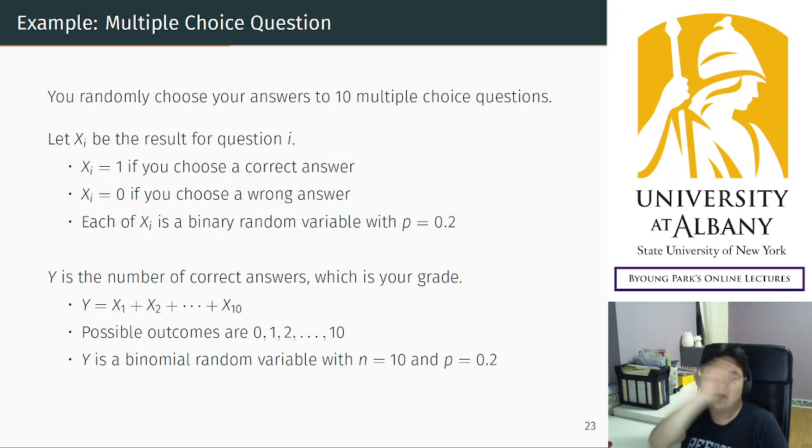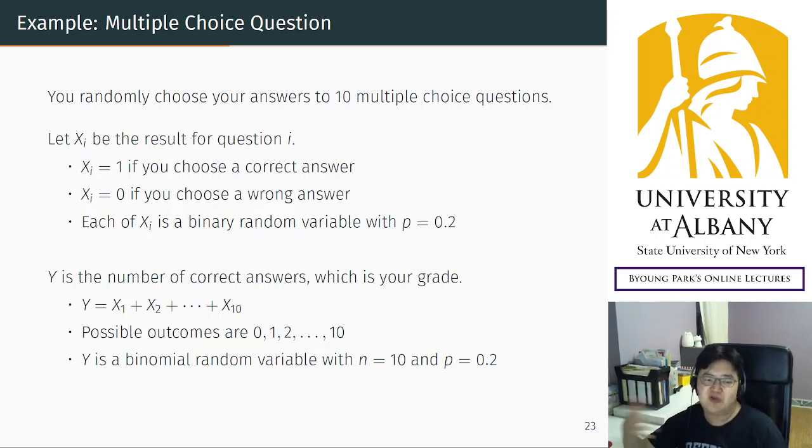Then, if you have no idea what's going on and simply randomly choose all 10 answers, you can do the experiment by yourself, and the result is your grade. The grade from that homework is the number of correct answers. Or you can think of it as if you choose a correct answer, you get 1 point. There is no difference: number of correct answers or 1 point for each question.